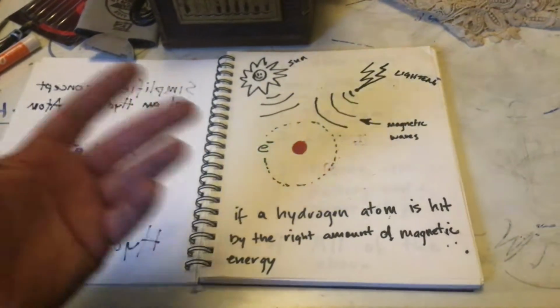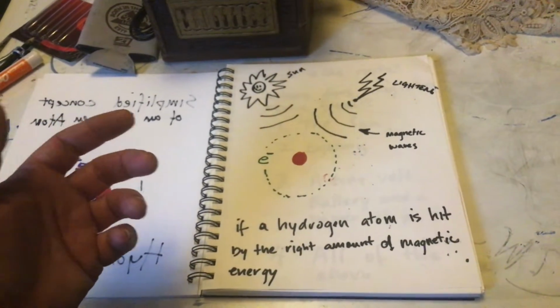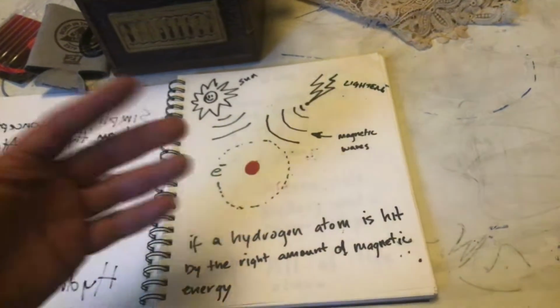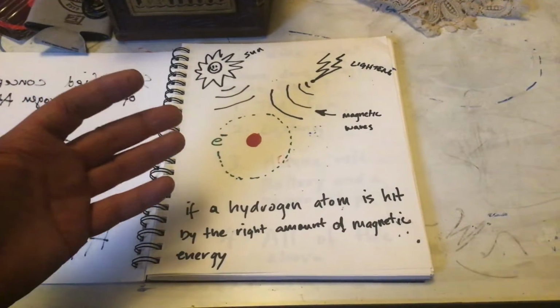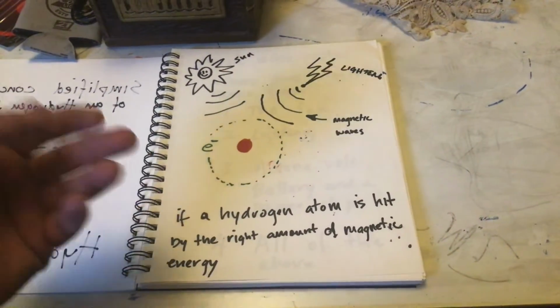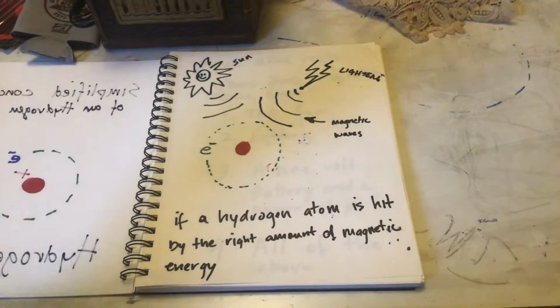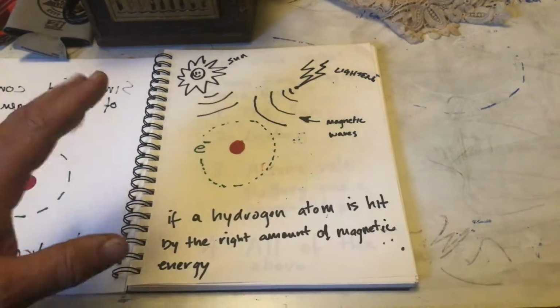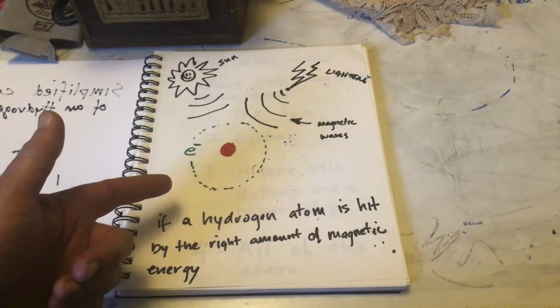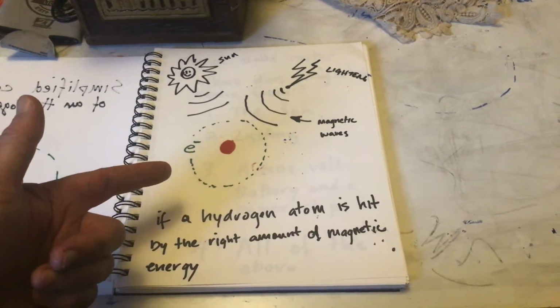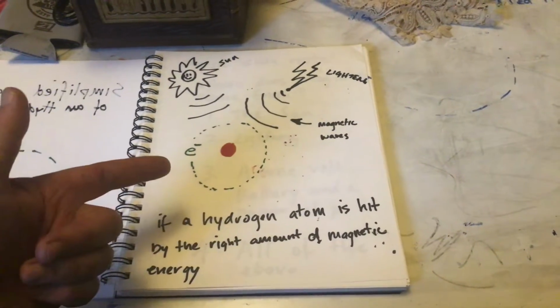All right. So if a hydrogen atom is, just as an example, there's an example of ionization and what it causes, which is oxidation. And this is ionization on a hydrogen atom.